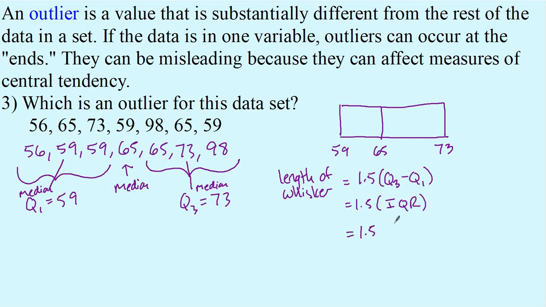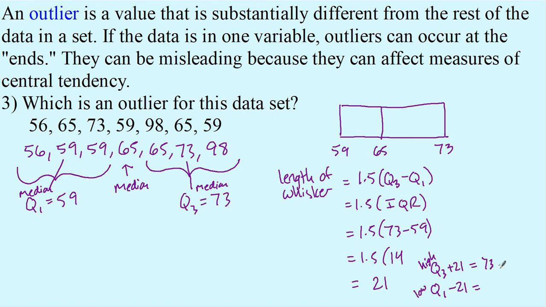So here we do 1.5 times 73 minus 59. So 1.5 times 14 gives us 21. The length of the whisker is 21. So do Q3 plus 21 and Q1 minus 21, and that's how high and how low you can go.